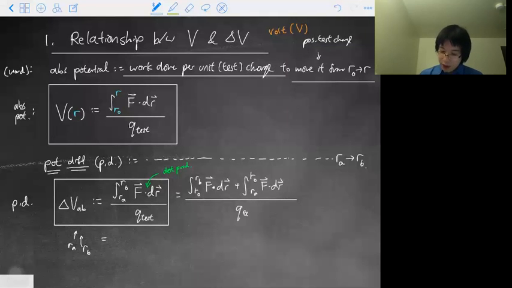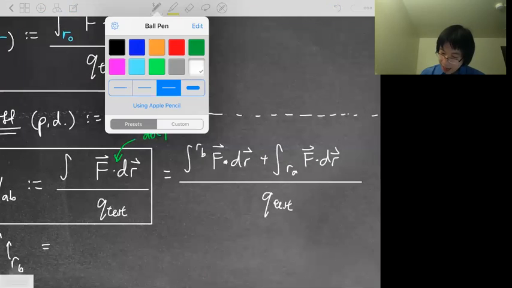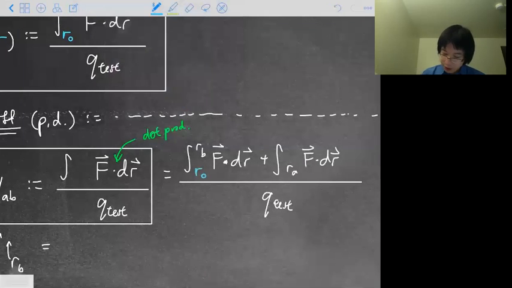So what's going on here? Maybe I'll change the color of this and you can see a little bit clearer. I'm splitting the integral up like this. Before it was from RA to RB, like that. But now it's going first from RA to R naught plus R naught to RB.